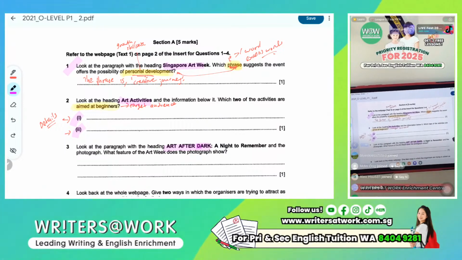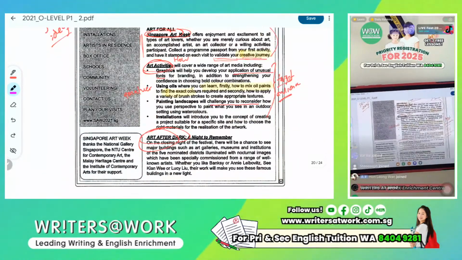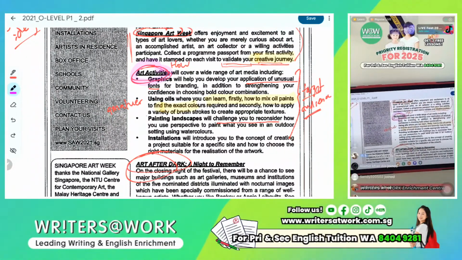All right, so let's take a look at art activities and how they are linked to beginners, which means people who are new. So if you can see here, this is one of our secondary ideas. The first one, which we talked about earlier, using oil, is very step by step. They use words like firstly, find the exact colors. Secondly, so you can see it's a step-by-step approach, which tells me it's catered towards amateurs.